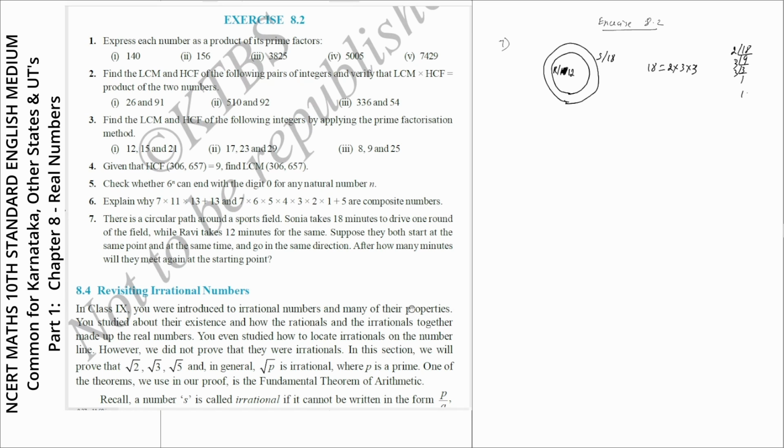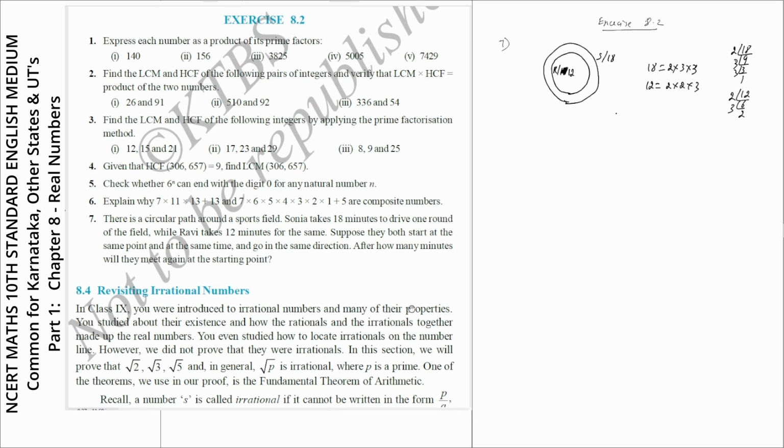Now 12, if I factorize, 2 6s are 12, then 3 2s are 6, so 12 I can write as 2 into 2 into 3. Now if I find the LCM of these two numbers, I'll get where those two people will meet.